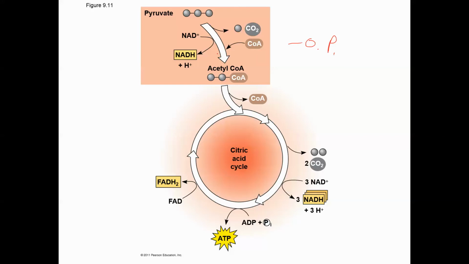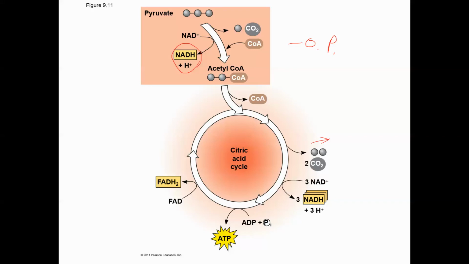Coenzyme A comes in and sticks to this molecule. We make 1 electron shuttle, as we can see, and a hydrogen ion. And we're going to produce acetyl coenzyme A, which goes into the matrix, into the citric acid cycle. You can see we're going to generate more CO2 here, so these 2 carbons are going to eventually be given off as carbon dioxide. We're going to make 3 NADHs, so these electron shuttles.